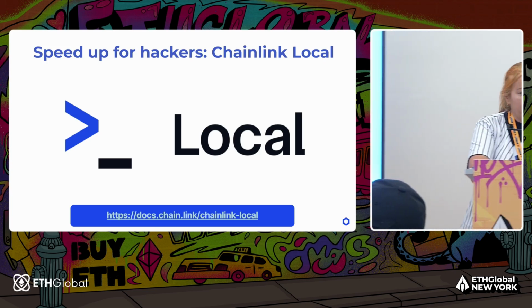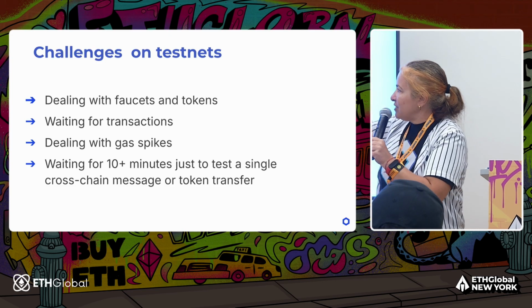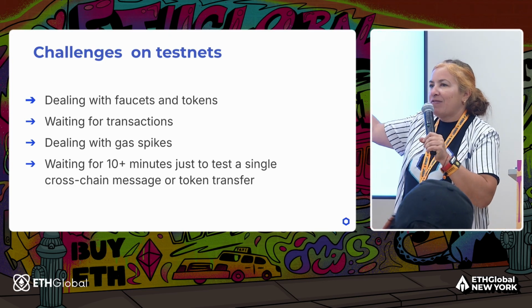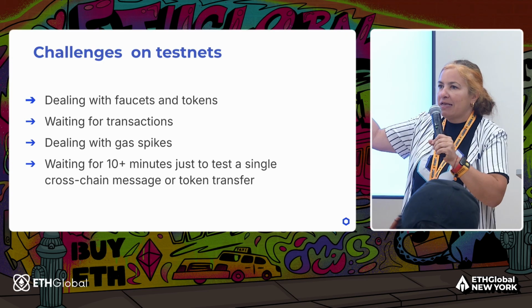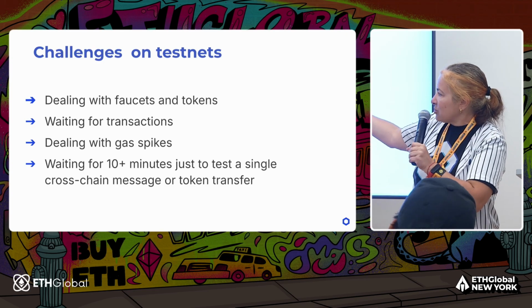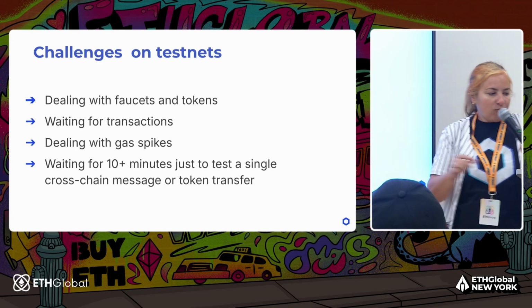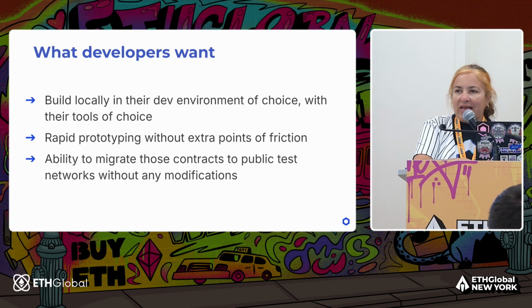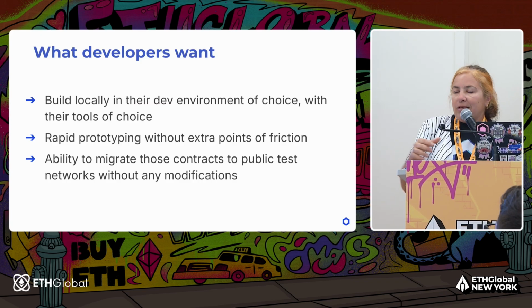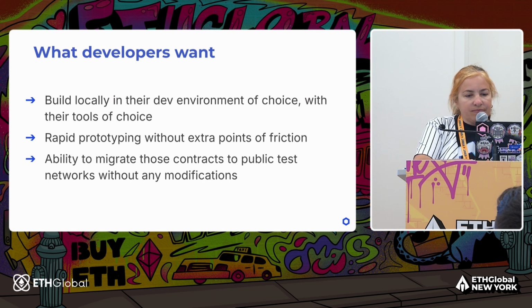It's the way that we can solve all of this. You don't need to think about faucets and tokens because you are deploying everything locally. You are not waiting for transactions, there are no gas spikes, and you can have your prototype so fast.